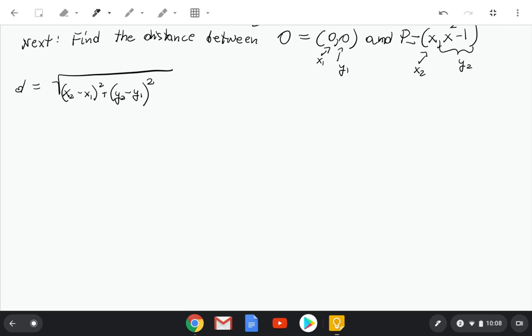Okay, so this is the distance formula between 2 points. So D has to be a function of x. That's why we're trying to rewrite everything using only x values.